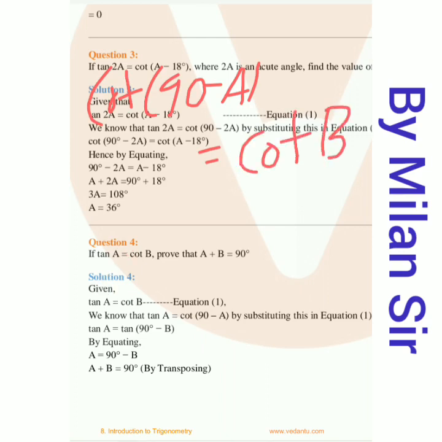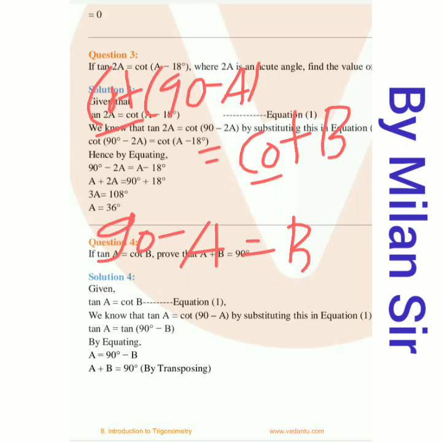Okay. Now on both sides cot function is there, equality sign is present between them. So I can write by equating 90 minus a is equals to b, because if the function is same, equality sign is there, then definitely my angles are same. That means 90 minus a is equals to b.